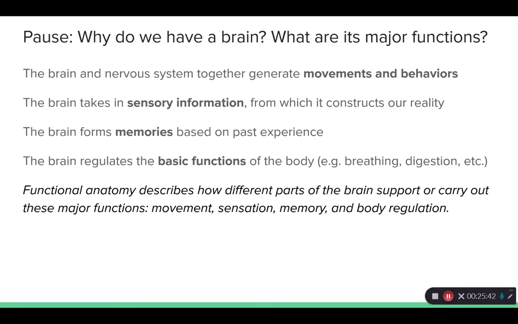And in addition to all that, it takes care of the basic functions of our body, like breathing and digestion. So when we think about functional anatomy, what we want to do is understand how different parts of the brain are involved in supporting each of these major functions: our movements, sensations, learning and memory, and the regulation of our body.